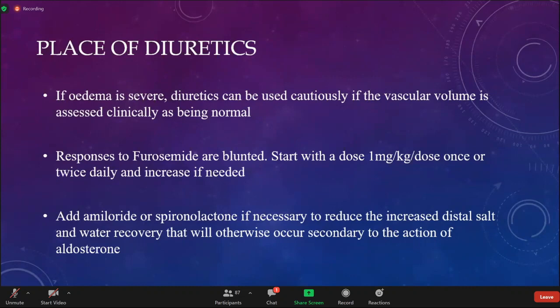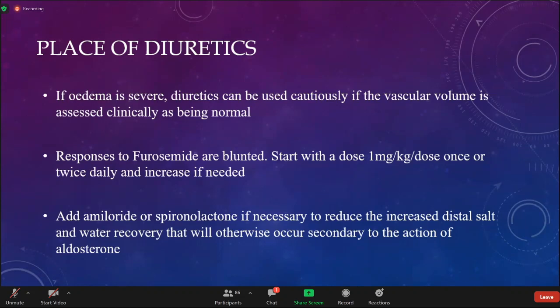When you prescribe diuretics, you have to give a good enough dose, because when there is low albumin, the response to furosemide is blunted. Therefore, we usually give 1 milligram per kilogram per dose. Another important factor is that sometimes, due to aldosterone overactivity, these children retain fluid.